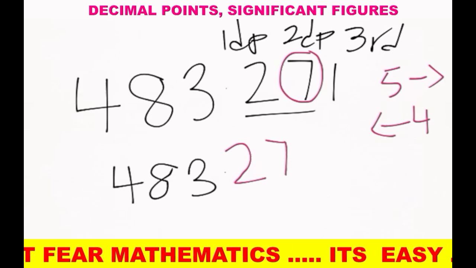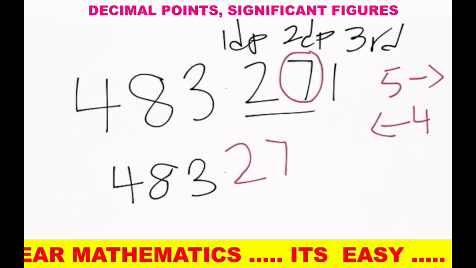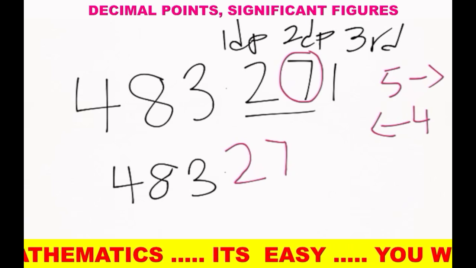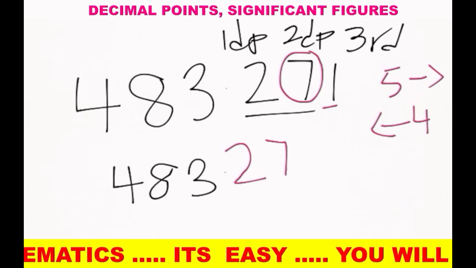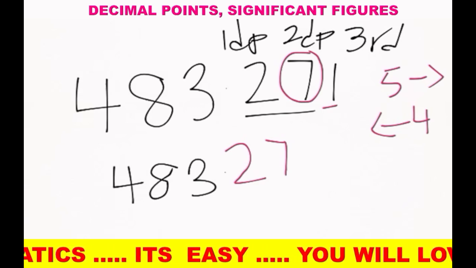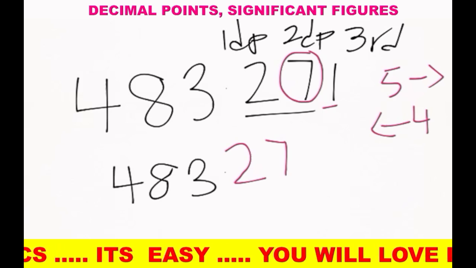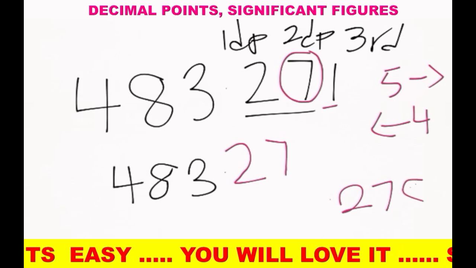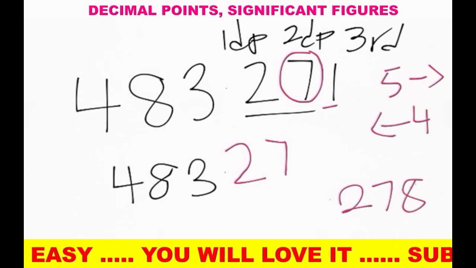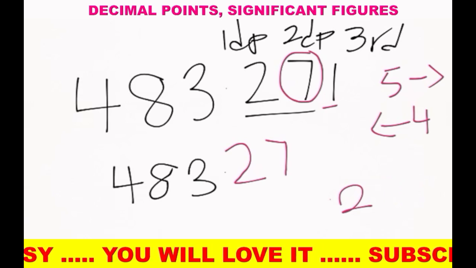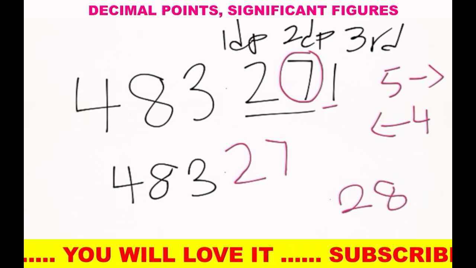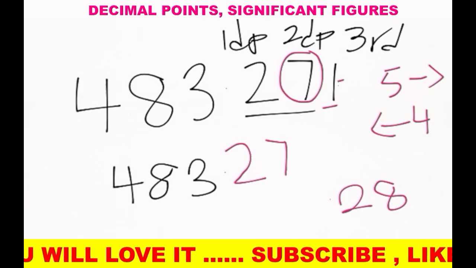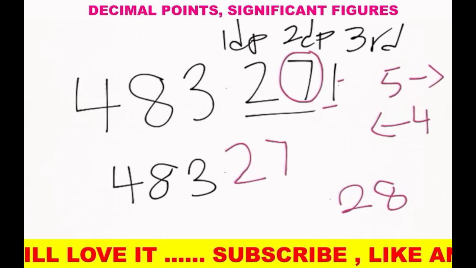So because it is 4 and below, you will leave it. But if the 1 was 5, the decimal part would have been 28, because we took 1 from this part and added it to the 7.